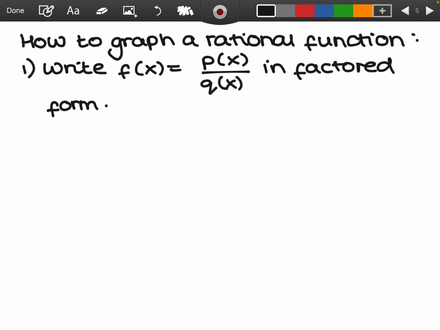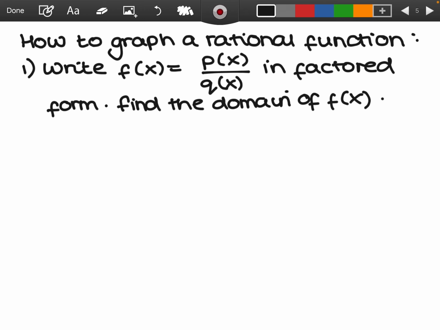A good thing to do at this point is also, once you've factored the numerator and the denominator, find the domain of the function. Because you know at those points where f of x is undefined, you're either going to have a vertical asymptote or you're going to have a hole. So it's kind of good just to see what your domain is before you go ahead and do those next things.